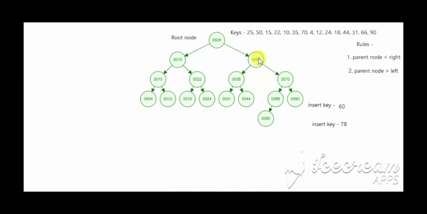Then 78 will compare with 50. 78 is also greater than 50, so 78 will go right. Then 78 will compare with 70. 78 is also greater than 70, so 78 will go right. And lastly 78 is less than 90. So 78 will be located on the left of 90.